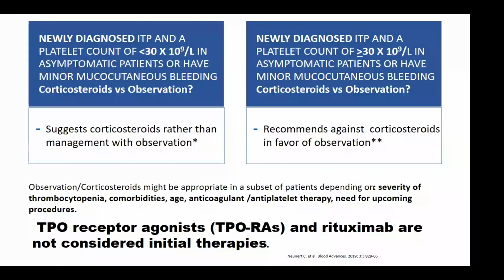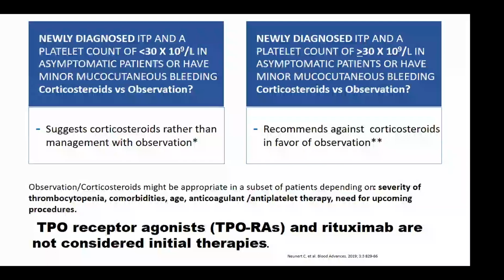For a newly diagnosed ITP with a platelet count less than 30 in an asymptomatic patient or with minor mucocutaneous bleeding, it is a question whether to treat or to observe. We suggest that corticosteroid is better than observation. But if your patient's platelet count is more than 30 in an asymptomatic patient or with minor mucocutaneous bleeding, it is recommended to observe, not to start corticosteroid.